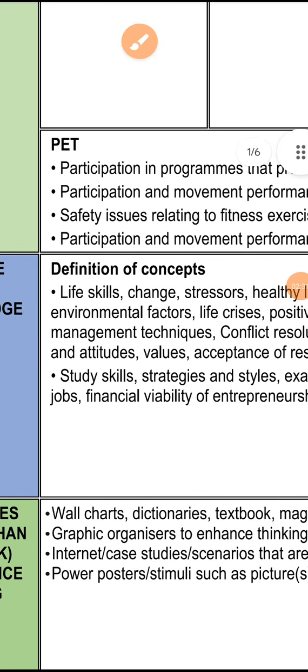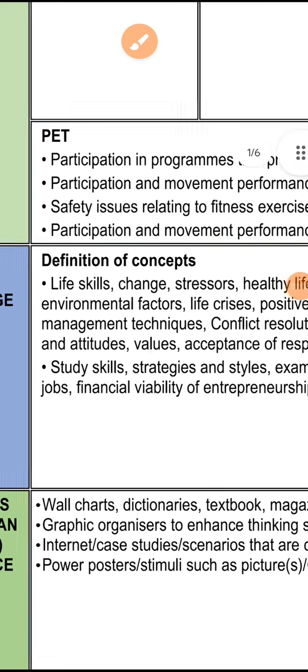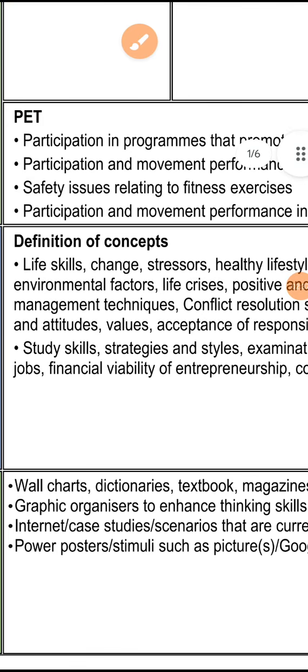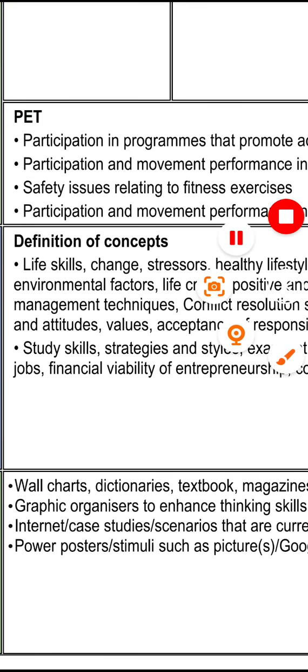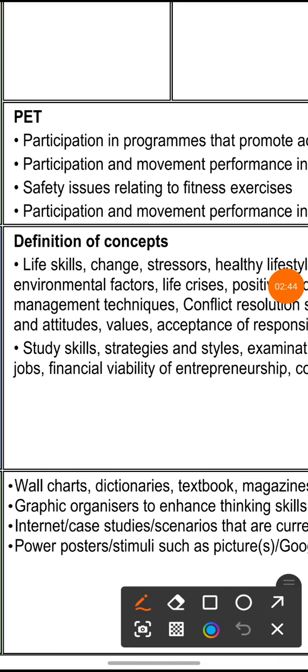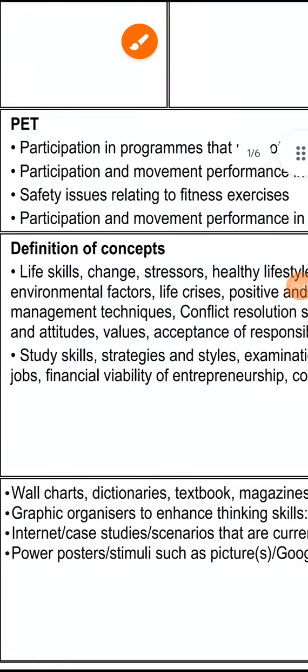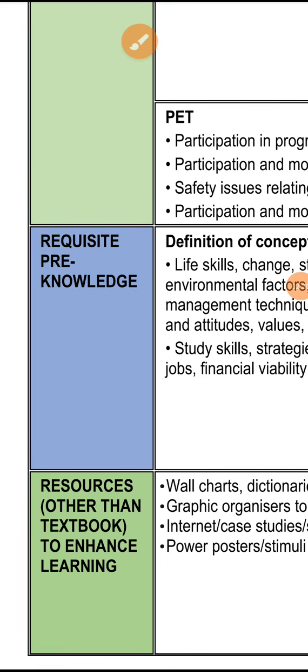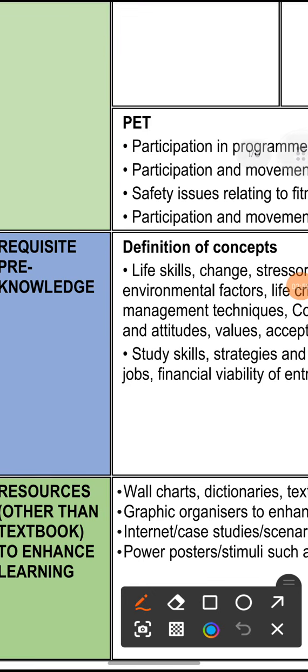Under this chapter, definition of concepts, you must know the definition of what is a study skill. This is required pre-knowledge. You must know what is a study skill, and do not undermine these concepts.